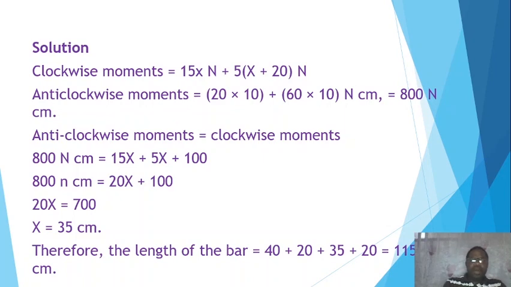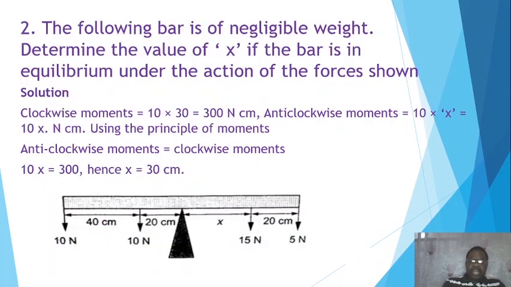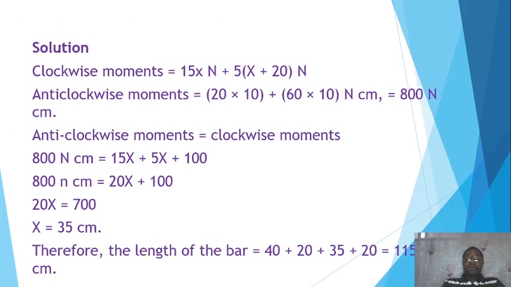Then the anti-clockwise moment is equal to 20 multiplied by 10, where 20 represents the distance of the 10 Newton from the pivot, plus 10 Newton multiplied by 60, giving us 800 Newton centimeter. Remember, we are supposed to convert, but because on both the left hand side and the right hand side the distances are measured in cm, they will cancel out later.